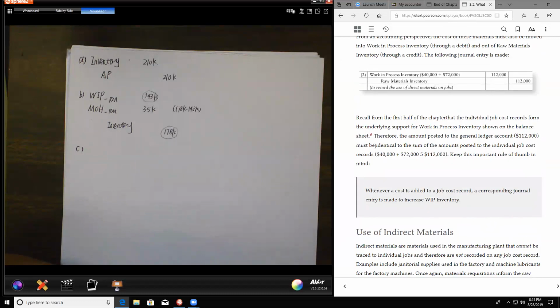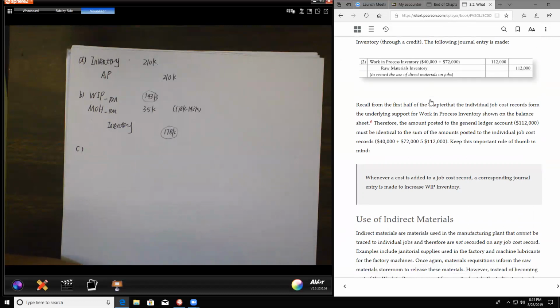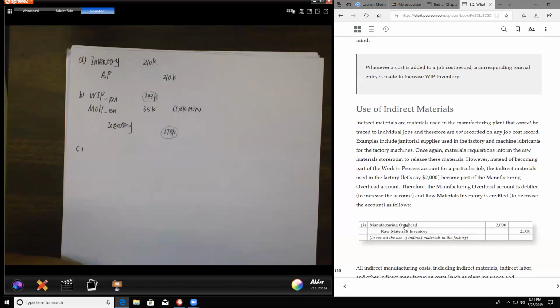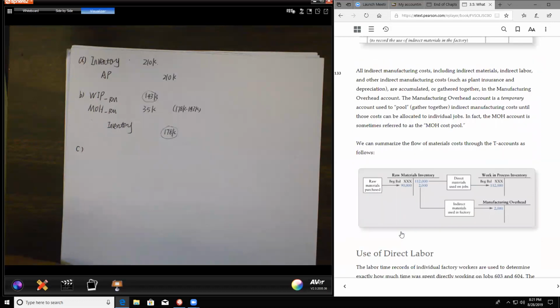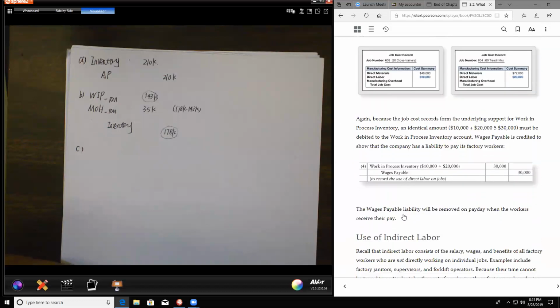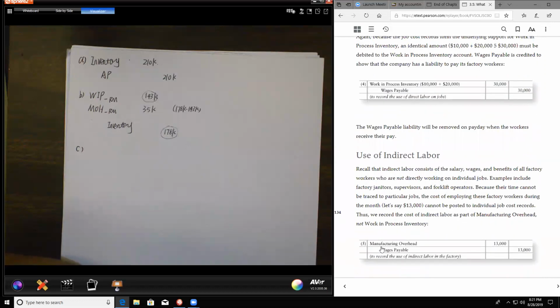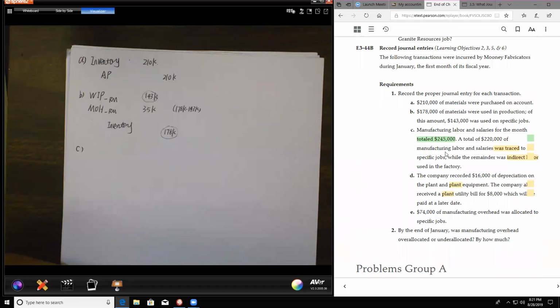Direct material goes to work in process, and you decrease your inventory. Indirect material goes to our manufacturing overhead, and you also decrease your raw material. And then direct labor goes to work in process, and indirect labor goes to manufacturing overhead.